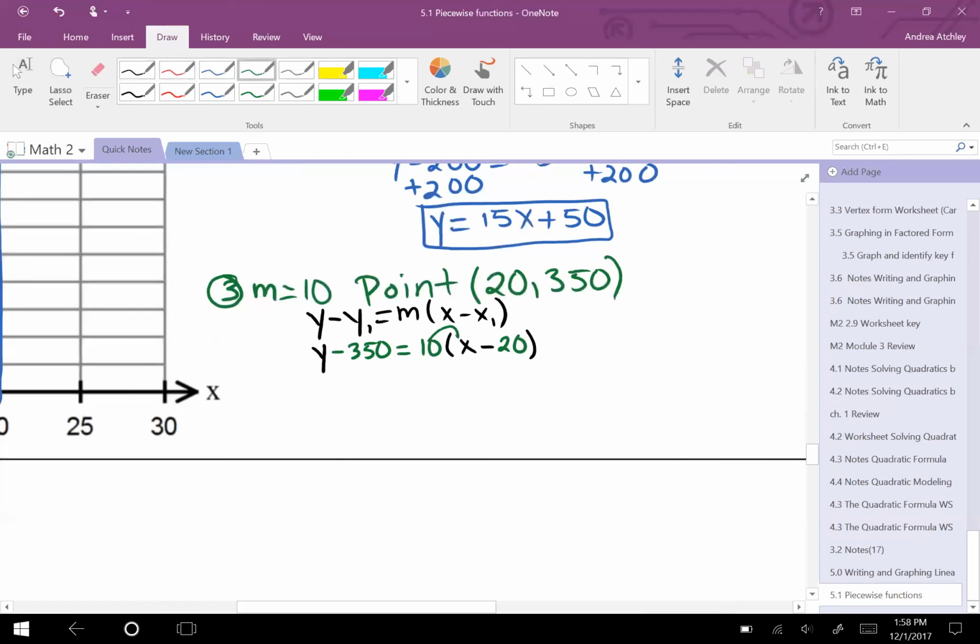So then we'll distribute. I'm going to get y minus 350 equals 10x minus 200. Add the 350. And I get y equals 10x plus 150. Any questions over that?